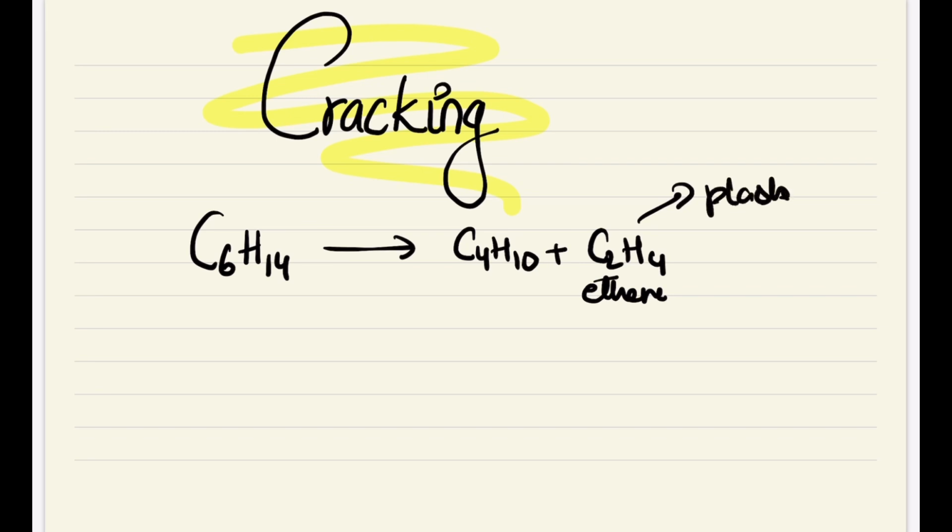So what are the conditions for this reaction? Well, the temperature needs to be really high. So we're talking about 650 degrees Celsius, and it's usually passed over a catalyst. So this is heated up at 650 degrees Celsius, and it's usually passed over a bed of catalyst of aluminium oxide.